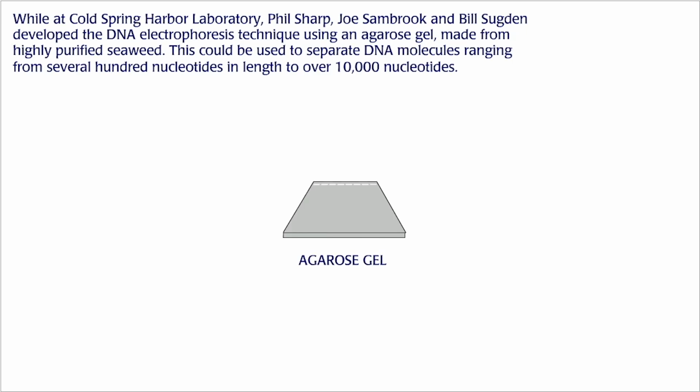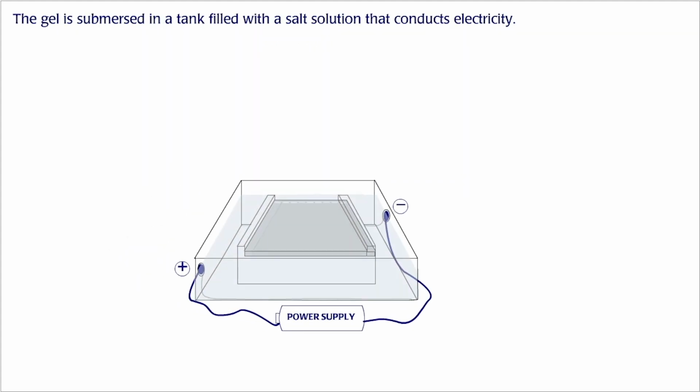While at Cold Spring Harbor Laboratory, Phil Sharp, Joe Sambrook, and Bill Sugden developed the DNA electrophoresis technique using an agarose gel made from highly purified seaweed. This could be used to separate DNA molecules ranging from several hundred nucleotides in length to over 10,000 nucleotides. The gel is submersed in a tank filled with a salt solution that conducts electricity.